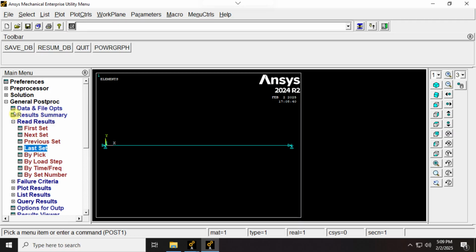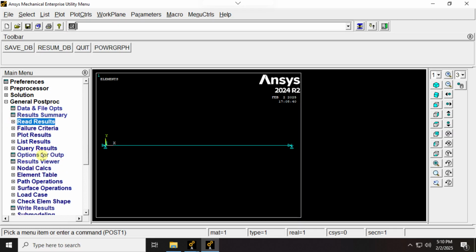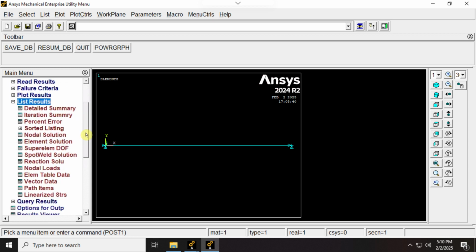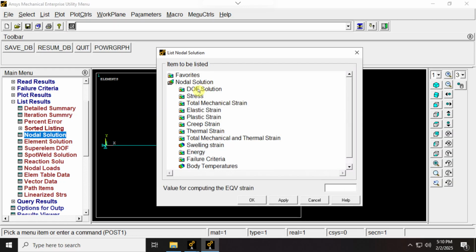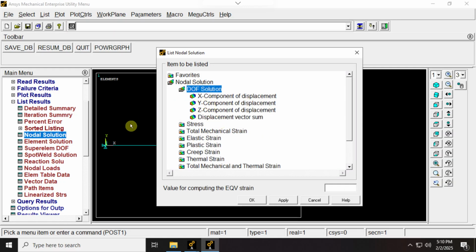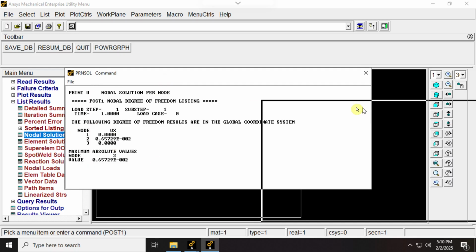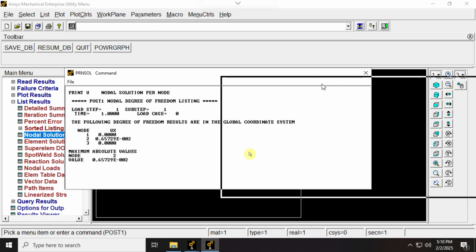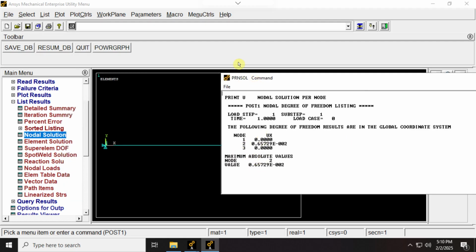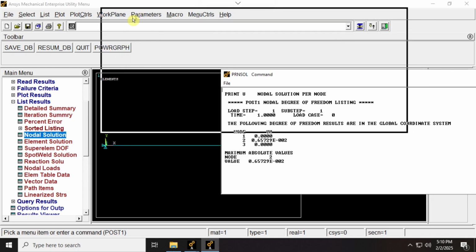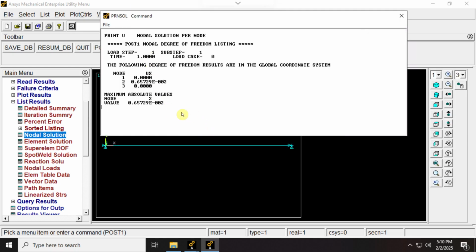List results. You have to make sure that you read the last set of the solution. And list results. First, I'm going to look at the displacement. Nodal solution, degree of freedom solution. The movement happens in the X direction. So let's look at that. As you see, node number 1, the point where the steel is connected to the wall that was rigid, displacement is 0.